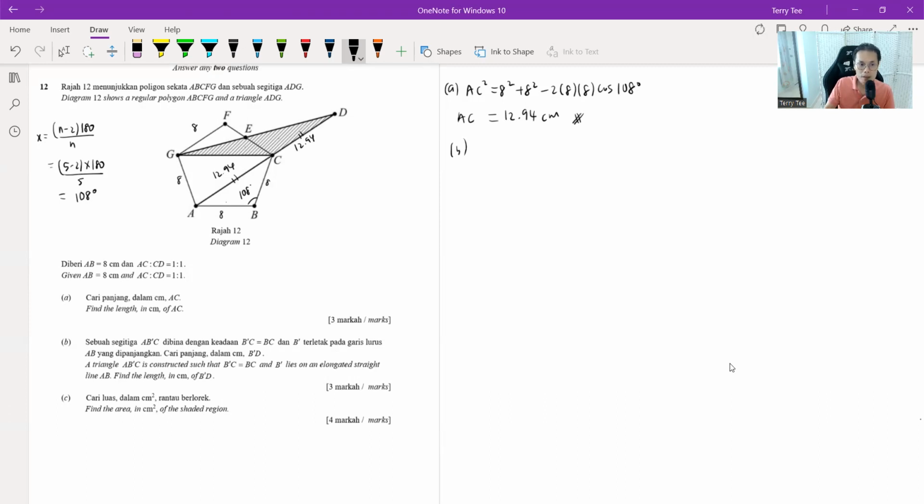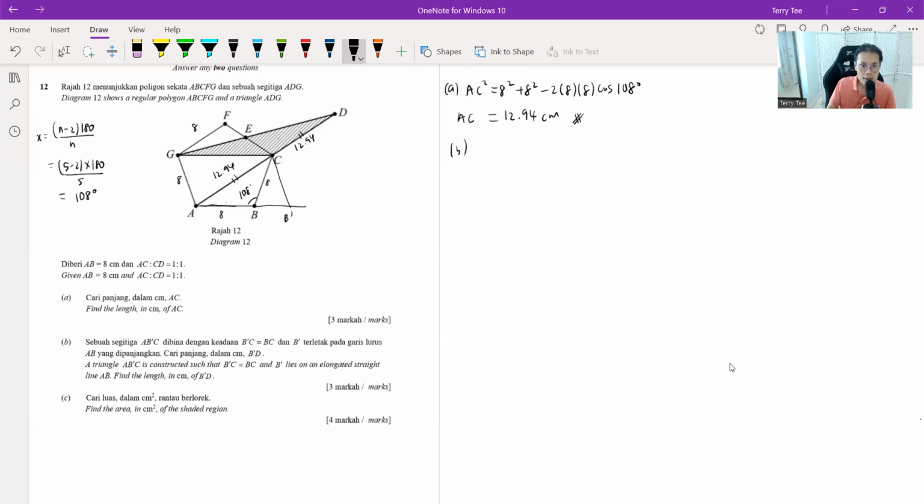Next, part B. A triangle A prime BC is constructed such that B prime C equals BC and B prime lies on the elongated straight line AB. Elongated straight line AB means extend the line. B prime lies on here, and it is given that BC equals B prime C. That means B prime should be over here.